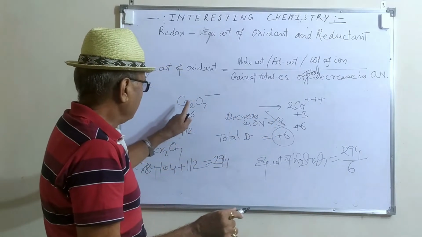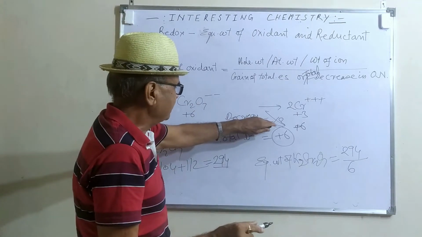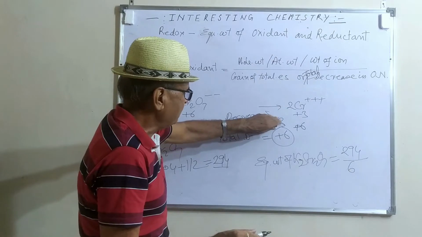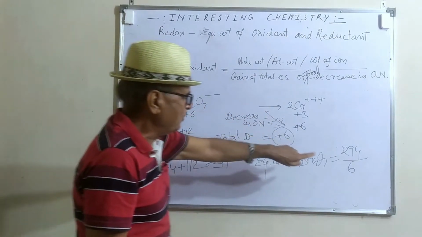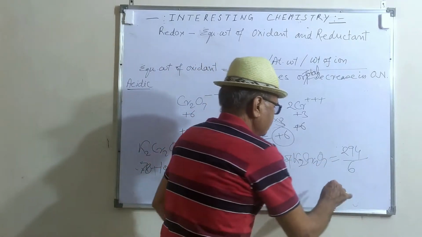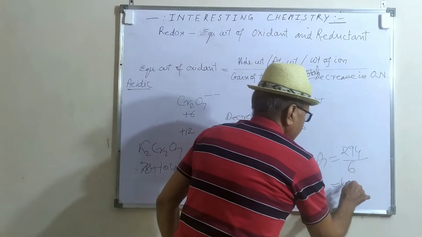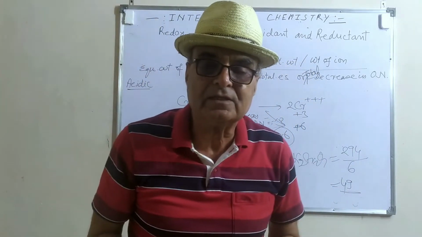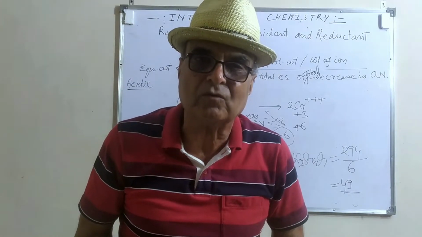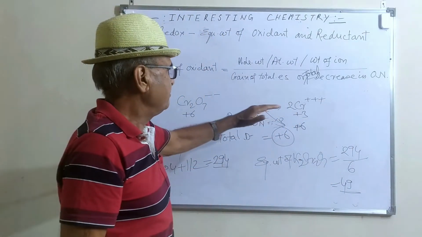Here, in 1 chromium atom the oxidation number decreases by 3. But here there are 2 chromium atoms, so you will divide by 6. So the equivalent weight is 294 divided by 6, which is 49. So 49 is the equivalent weight of potassium dichromate in acidic medium.